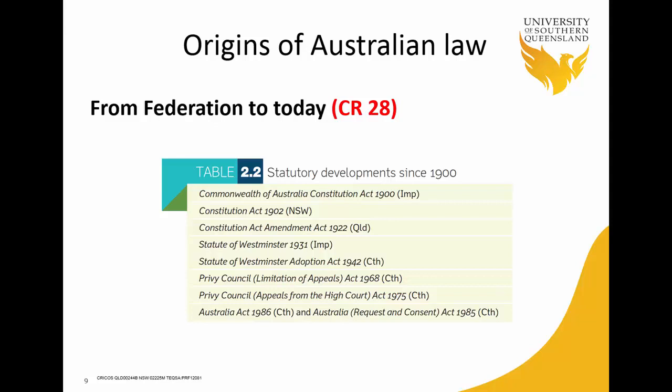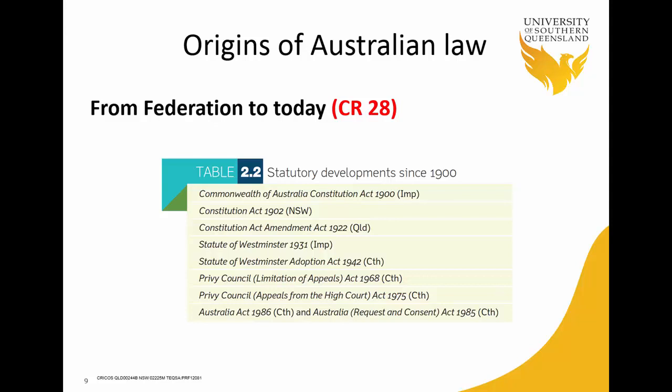So now we come to the Commonwealth of Australia Constitution Act. As we said, the bill got the assent of Queen Victoria on the 9th of July 1900, but the act itself came into effect on the 1st of January 1901.